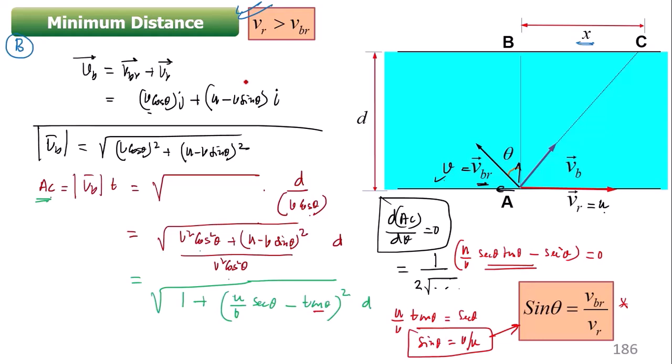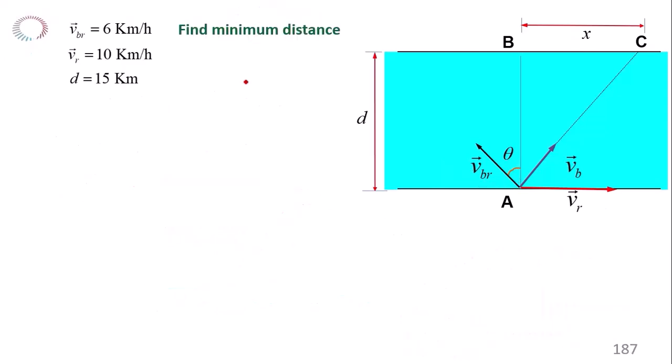There are two formats of minimum distance, one format of minimum time, and one format of rate. Understood? Now, getting those results, I know this number is basically V number, and this number is U number.